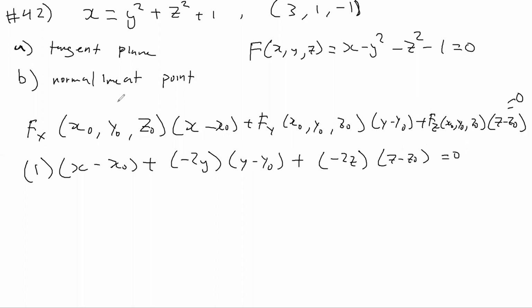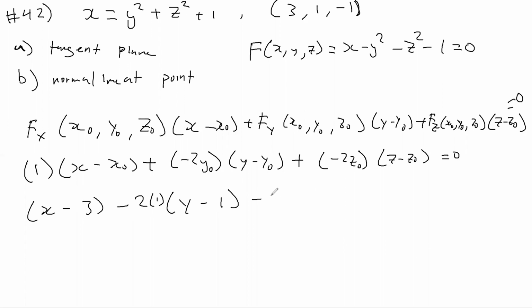Now, x naught, y naught, and z naught is essentially just the point that you're given. In this case, we're given 3, 1, negative 1. So it'll be x minus 3, minus 2y times y minus 1, where 1 is y naught, and this is going to be z naught. So it'll be negative 2 multiplied by 1, times y minus 1.